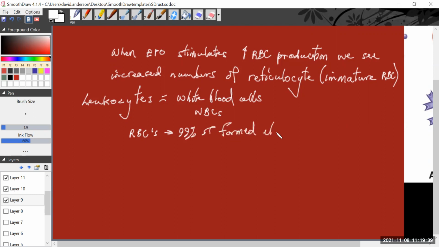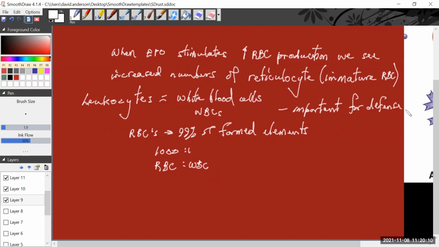I think I mentioned that earlier. It's a ratio of about 1,000 to 1, red blood cells to white blood cells. But these are very important cells for defense. These cells are part of the immune system. We'll talk more about them when we talk about the immune system.